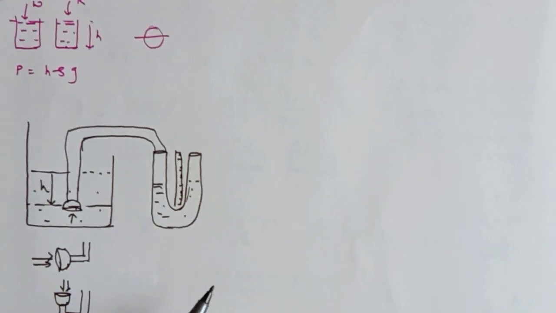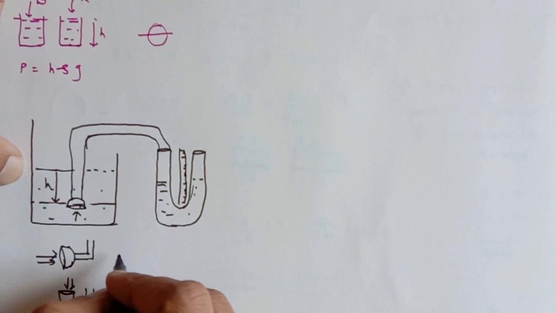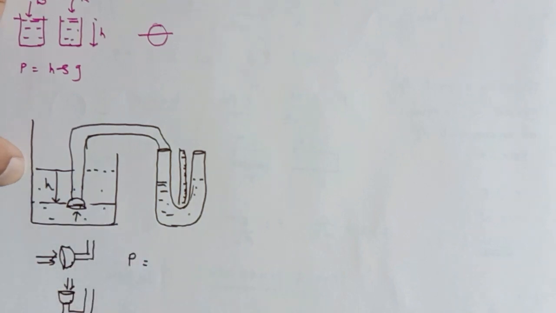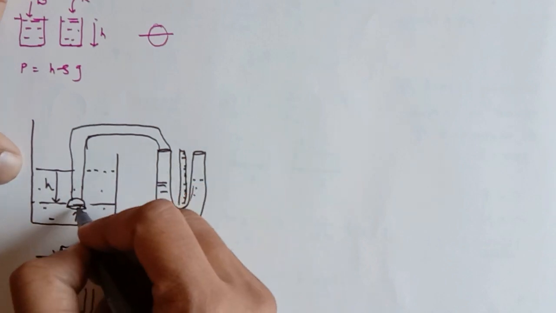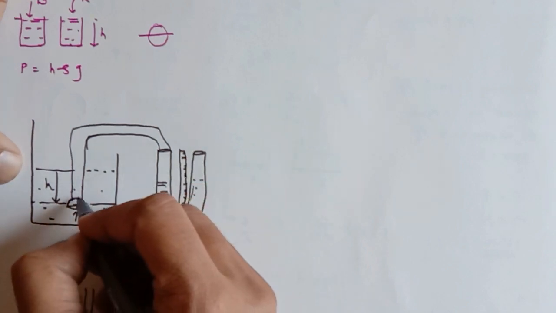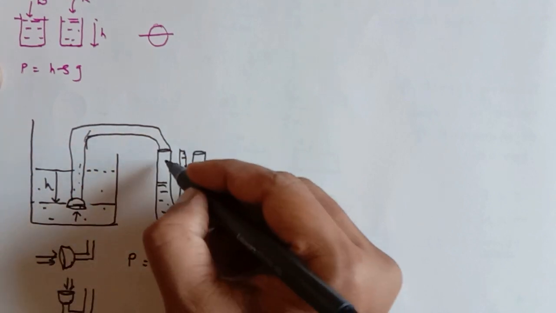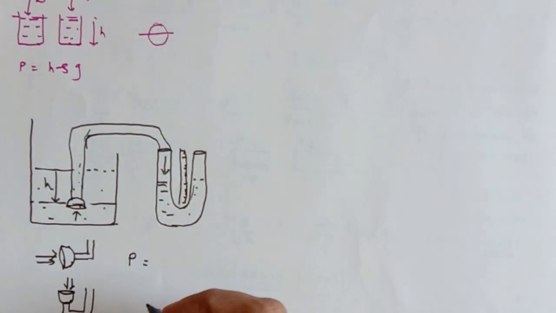So our main purpose is to find the pressure exerted by the water at this depth, and that pressure would be equal to, now what is going to happen is the water is going to exert pressure. Here there is air, so there would be an extra pressure felt by the air on the other side.